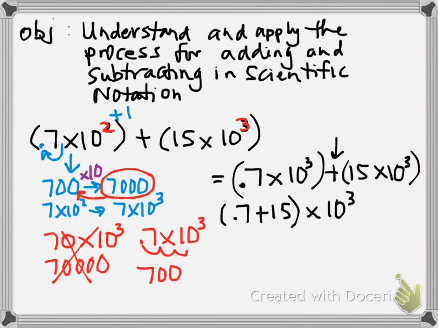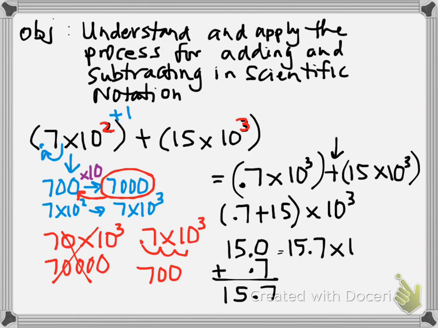Remember how you have to work this? You have to line up decimal points in order to add or subtract, especially with subtracting. So this gives me 15.7 times 10 cubed. Just like we talked about with multiplying and dividing, do we need to make an adjustment on our answer? Yes, our answer is above 10. We need it to be between 1 and 10.